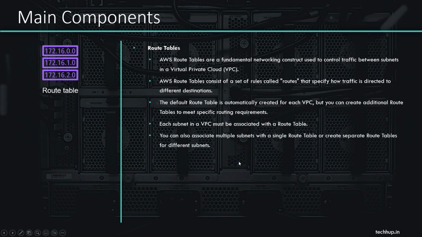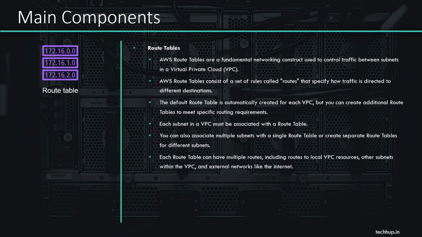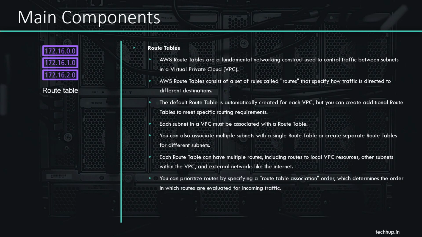You can associate multiple subnets with a single route table or create a separate route table for different subnets. Each route table can have multiple routes, including routes to local VPC resources, other subnets within the VPC, and external networks like the internet.